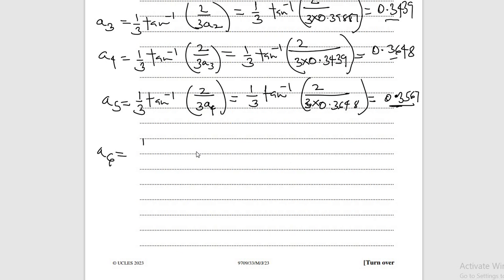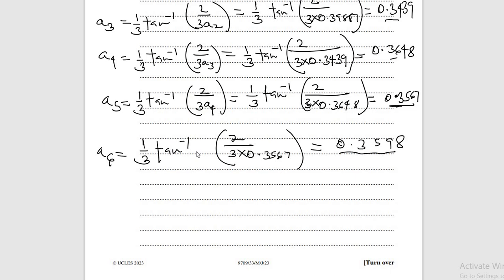A6, we know what to do with A6. What will be inside will be 2 over 3 times A5. And A5 is 0.3567. So I punch it in the calculator. I think it gives me 0.3598. In two decimal places, we have 3 consistent values.